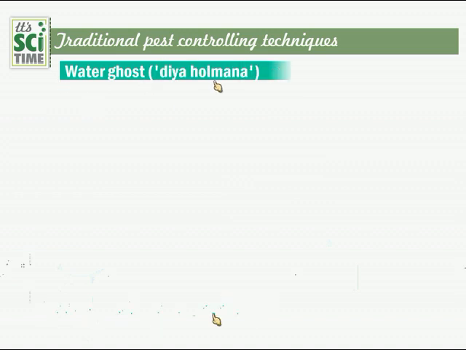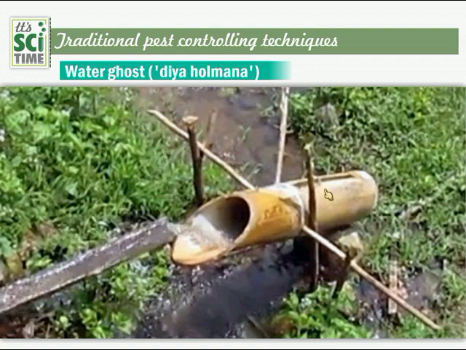Next, the water ghost, or the deer holman in Sri Lanka. We use that particular one to make a sound in the farms. When water flowing from this one is collected in this bamboo stem part, once this side gets heavy, this part goes down and that side goes up, and there will not be any sound, but this water again leaves from this open end, thereafter it comes back down to the rock here, therefore a sound comes.